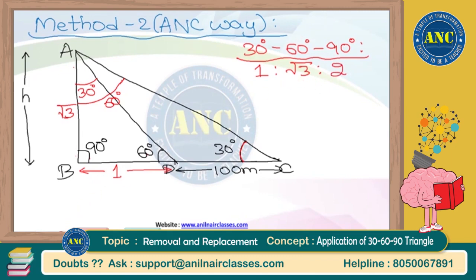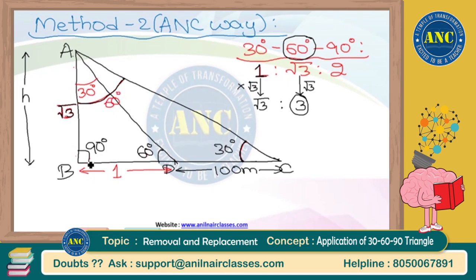But opposite to 30, I am saying the ratio to be 1 unit. But for the bigger triangle ABC, opposite to 30 degrees, the side is already mentioned as root 3. That means 1 should actually become root 3. Multiply by root 3, this also multiply by root 3. Root 3 into root 3 is 3 units. That means the side opposite to 60 in the bigger triangle ABC should be how much? It should be 3 units.